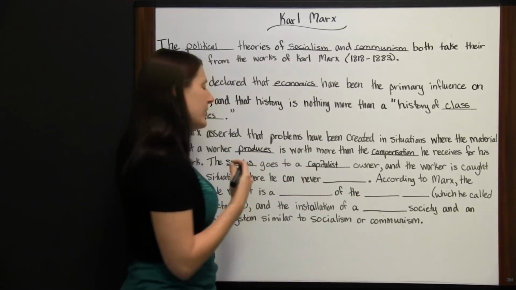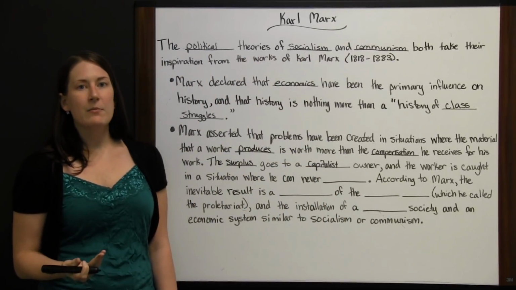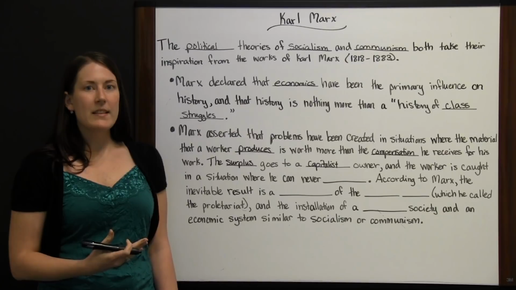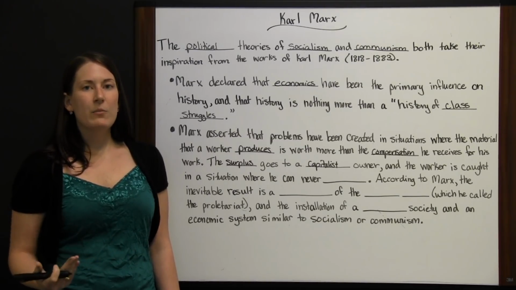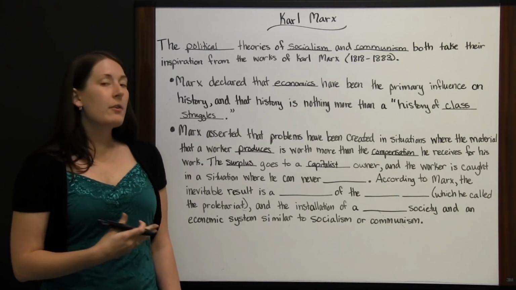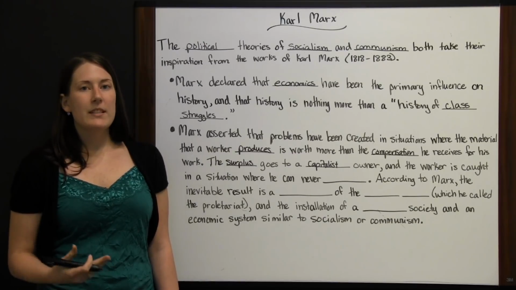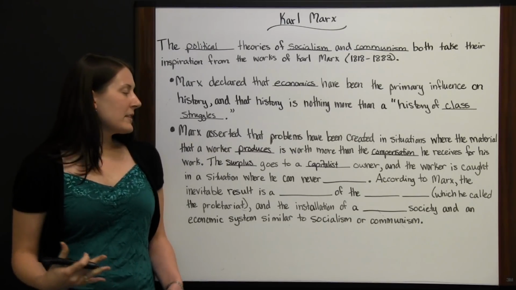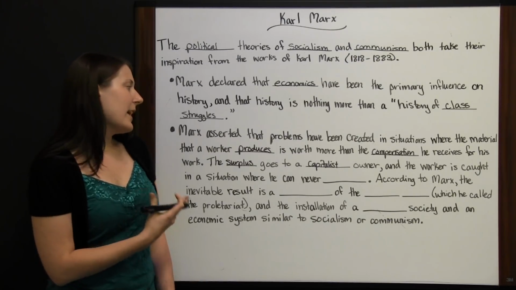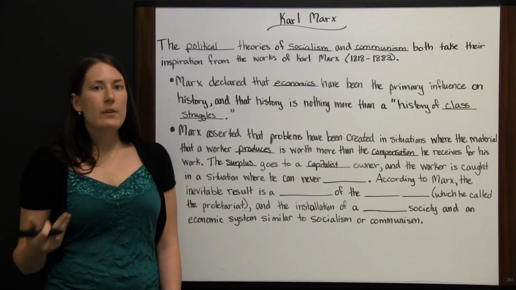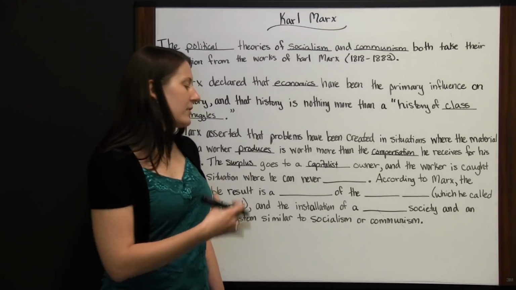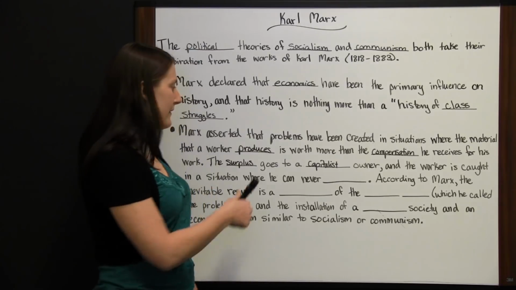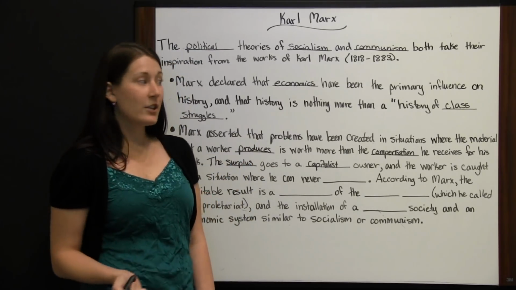If the man were to work faster and make more of these items or become better at making these items, he didn't necessarily get more money because of that. The owner might have given him a raise, but it wasn't necessarily going to happen. And so this capitalist owner was going to be the one who kept getting the surplus, who kept making a profit off of this worker's production.